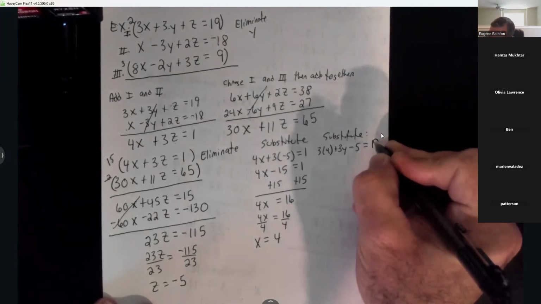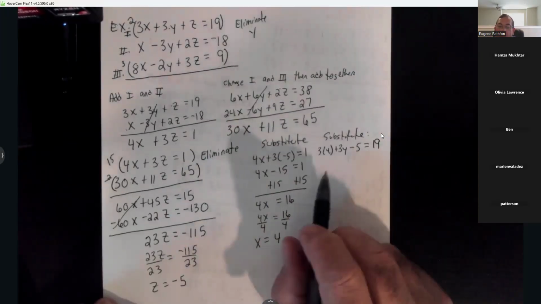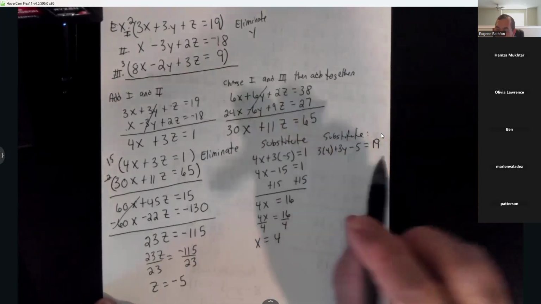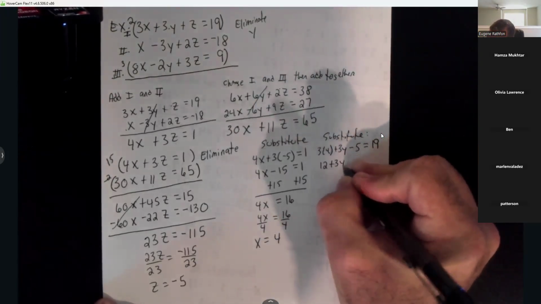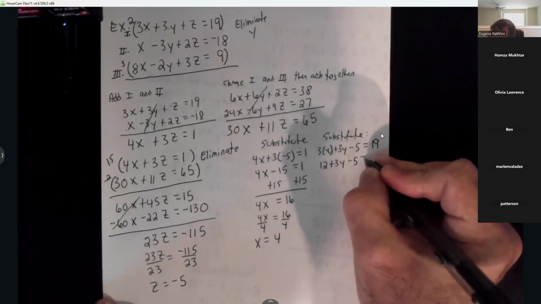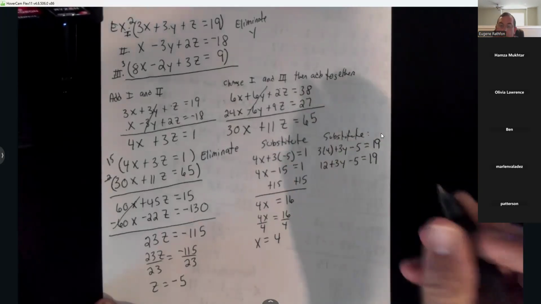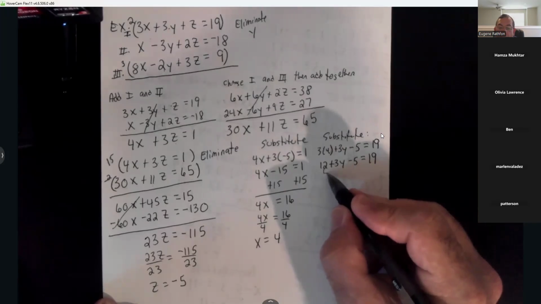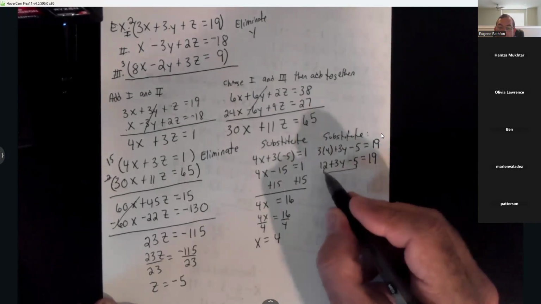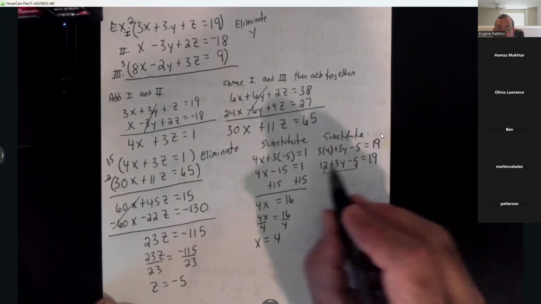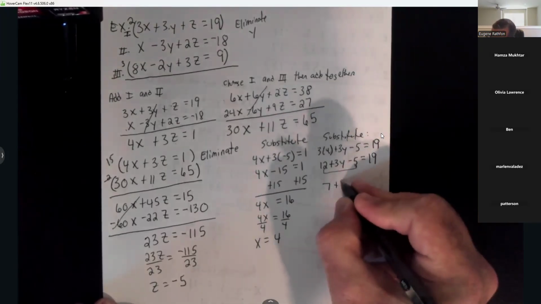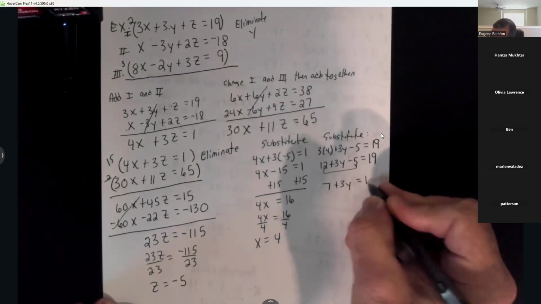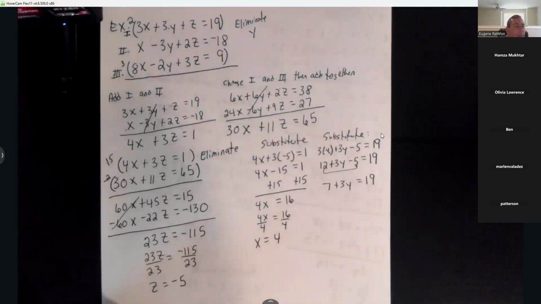All that's got to equal 19. All right, y'all, so you got to multiply first. So you get 12 plus 3y minus 5 equals 19. Add the like terms on this side. 12 and negative 5, give me 7 plus 3y equals 19.